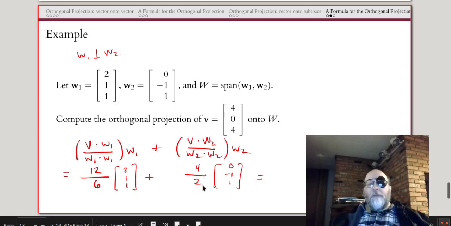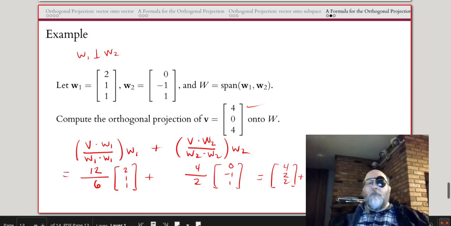So in both cases, the fraction is reduced to 2. So 2 times (2, 1, 1) is (4, 2, 2). (0, -1, 1) times 2 is (0, -2, 2). We'll add those together, and we get (4, 0, 4), which turns out to be the vector we started with.